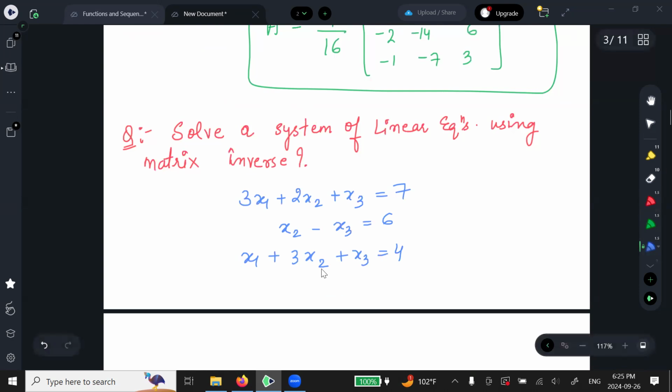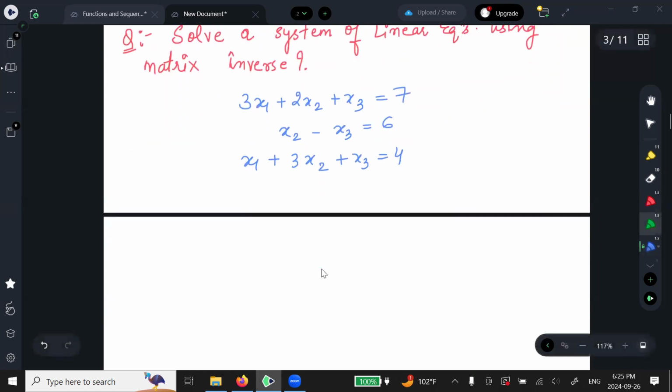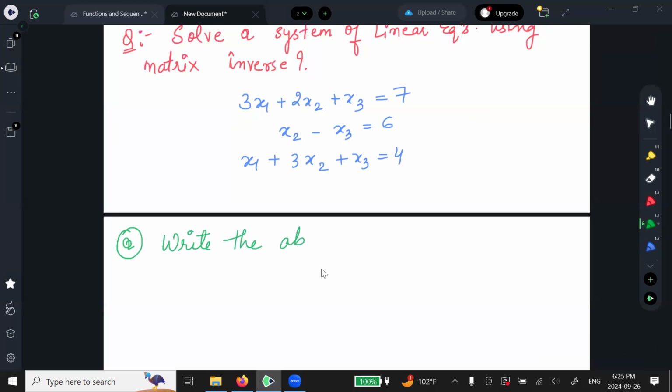Well, part 1: can you express this system as a product of matrices?